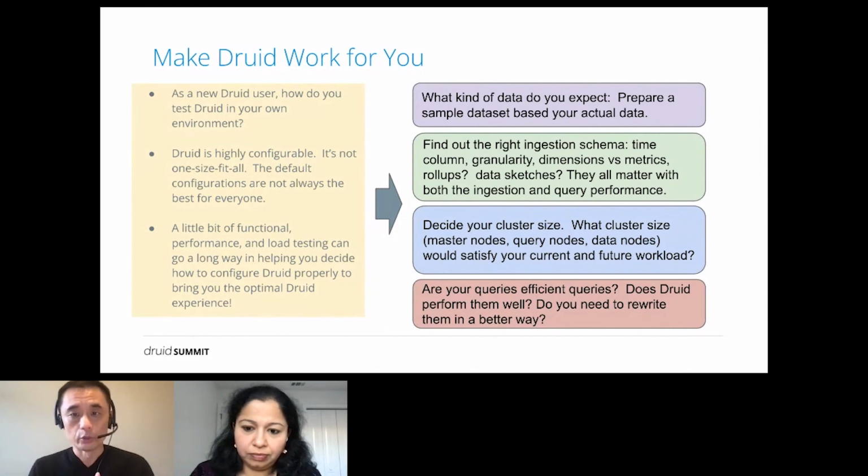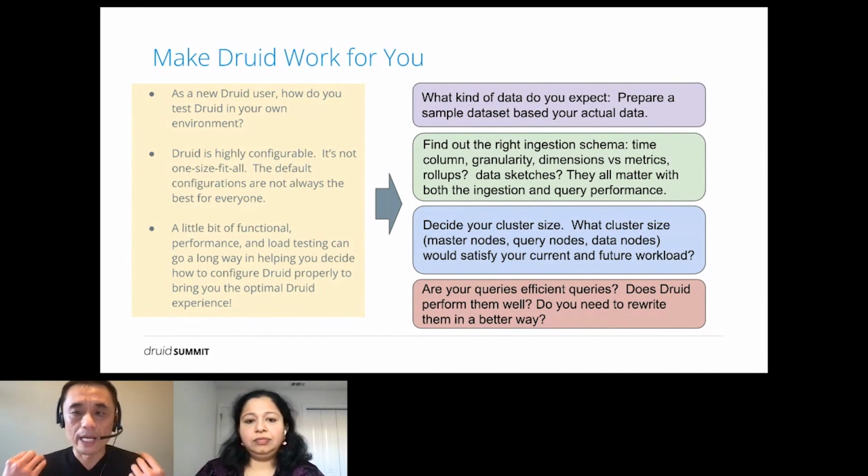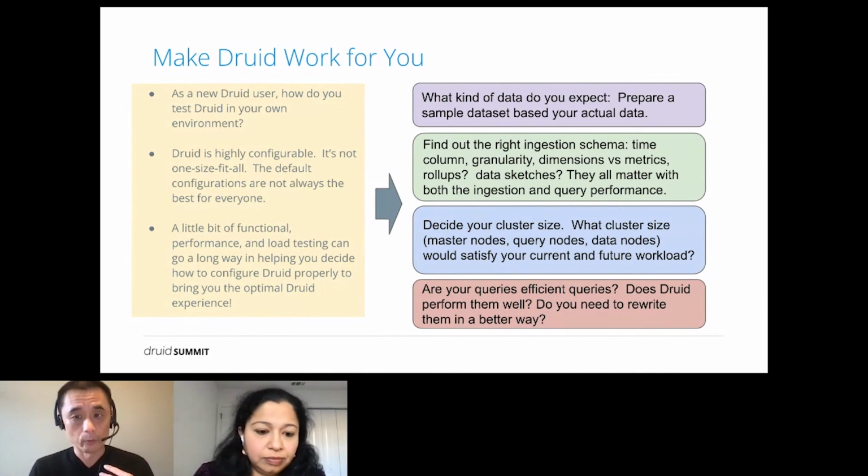So what do you do? You first decide what kind of data you expect. Prepare simple data sets based on your actual data, right? And then you find out the right ingestion schema. You have to decide which time column you want to use, because Druid is a time series database. That's the very first thing you have to decide. You want to decide what kind of segment granularity you want to use, based on year, based on day.